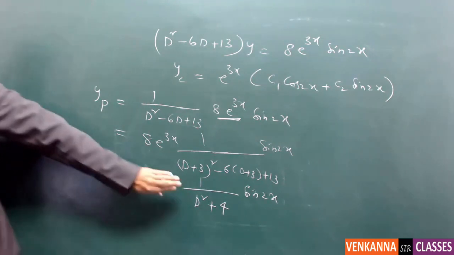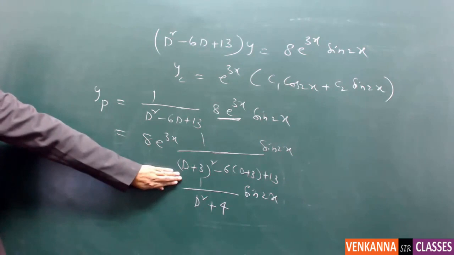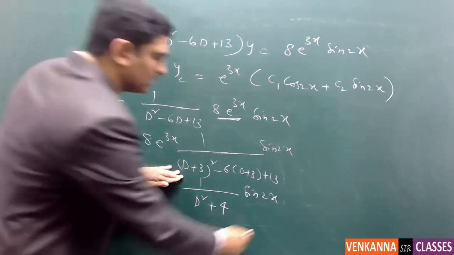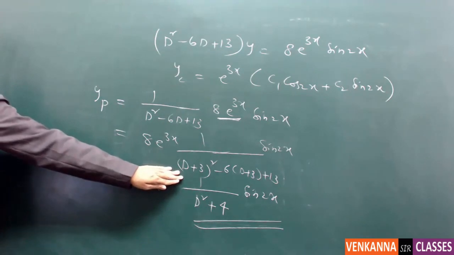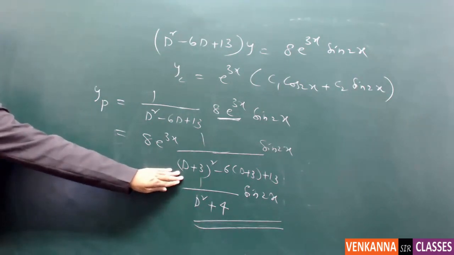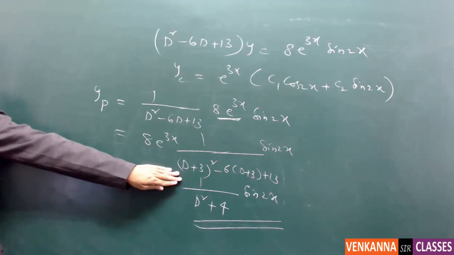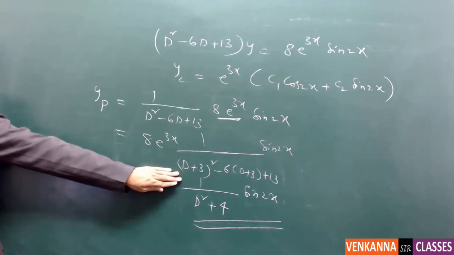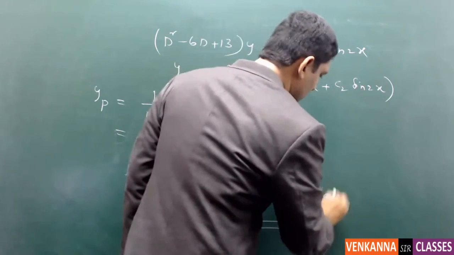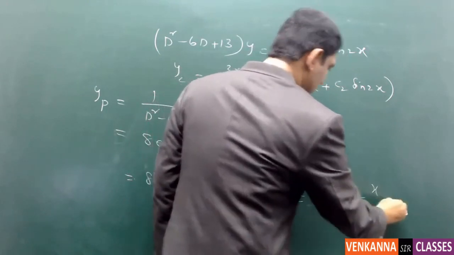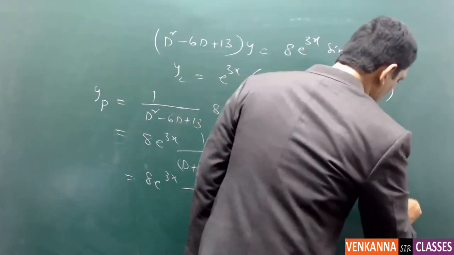Now you totally forget about this thing. You just concentrate on this part. Whenever sine or cos functions are there, what is to be taken? D square should be replaced with minus the number whole square. If the denominator gets undefined, we have the formula. So you write the formula there. So this is 8 e power 3x into minus x by 2 into 2 cos 2x.